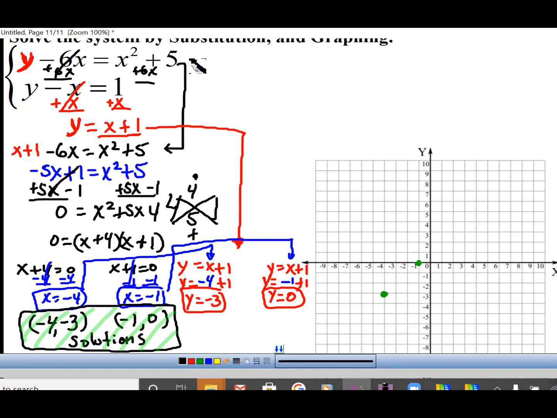So our new equation for the quadratic is y equals x squared plus 6x plus 5. And the second one, we already had in y form, which is this red one. I'm going to leave it like that, so I'm just going to write here y equals x plus 1.